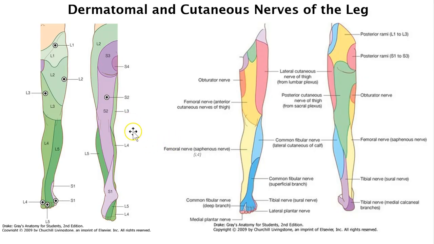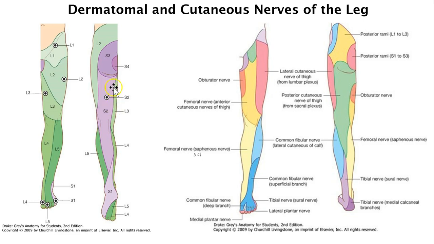We've seen this slide before. We're going to take a look at it again so we can look at the dermatomal distribution seen on the left and the peripheral nerve distribution seen on the right of the posterior thigh. So in the dermatomal region, you'll notice this heavy strip of the S2 nerve root serving the posterior thigh. So for the guts of the posterior thigh, especially from this lateral side, we're looking at S2.